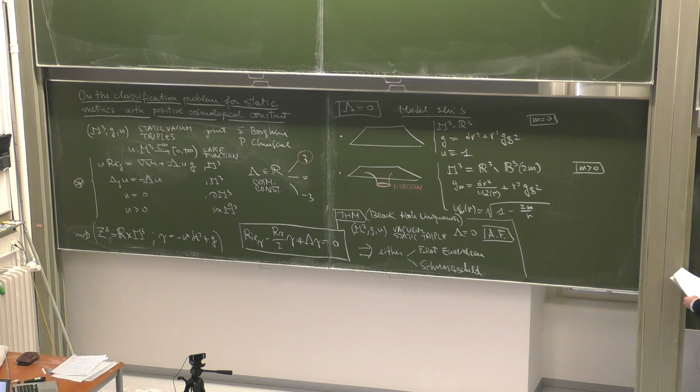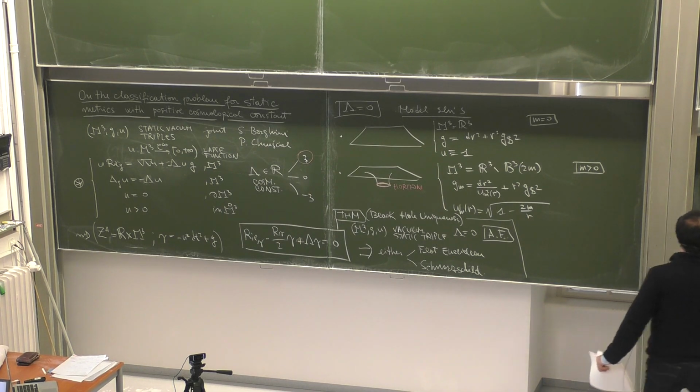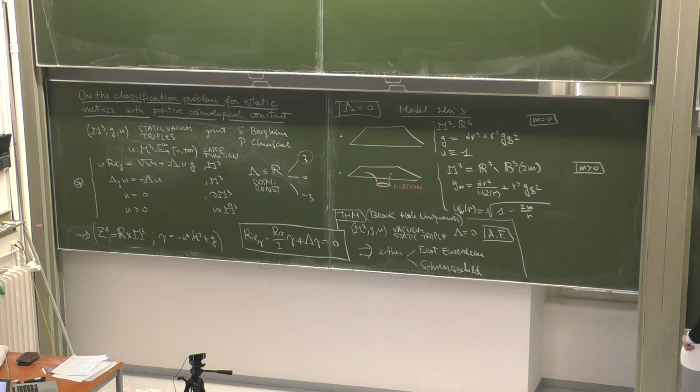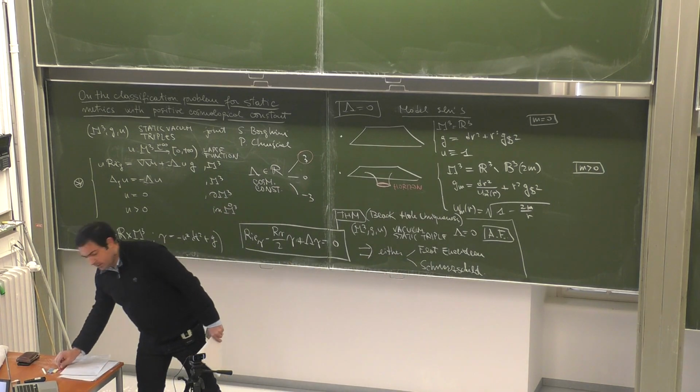Bunting, Masood-ul-Alam, in 1987. The sketch of the proof is the following. You start with your asymptotically flat triple, and at the beginning you imagine having several components of the boundary. A priori the situation should be like this.